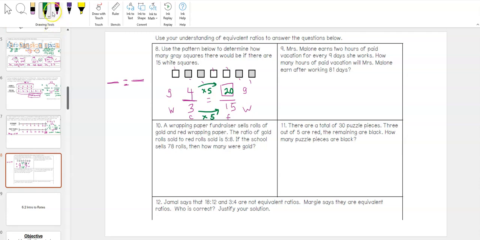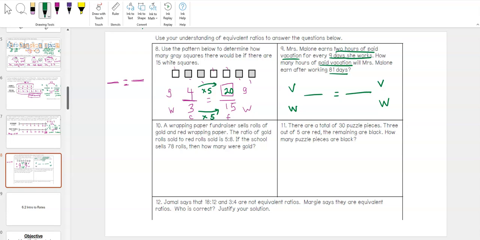So these first ones are pretty simple. Let's do the next one. Mrs. Malone earns 2 hours of paid vacation for every 9 days she works. How many hours of paid vacation will Mrs. Malone earn after working 81 days? So I can tell that to find my answer, I'm comparing my vacation time with my work time.